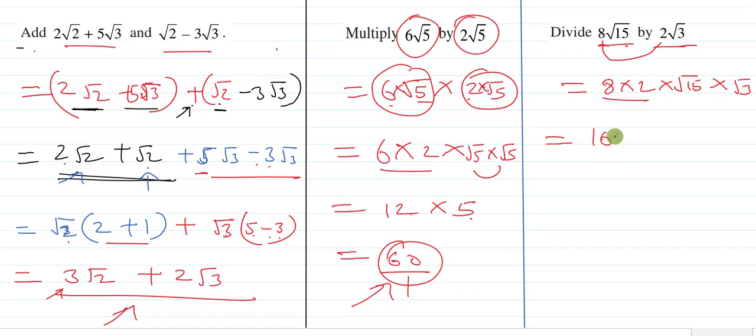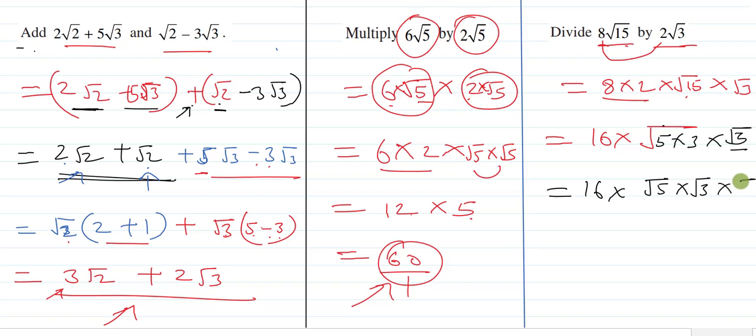8 into 2, 16. I can write root 15 as root 5 into root 3, since 15 can be written as 5 into 3. I can give this square root to both the numbers, root 5 into root 3, and this one was there, root 3.